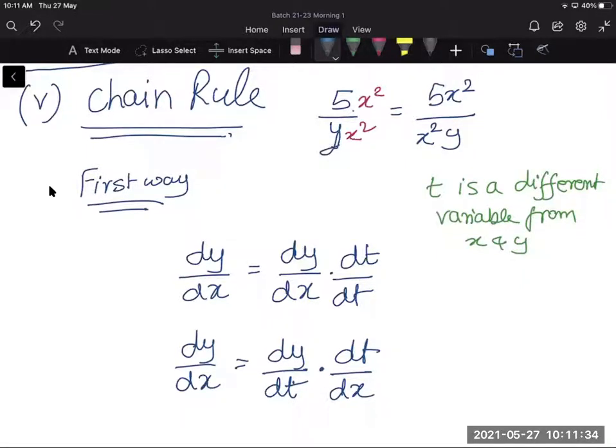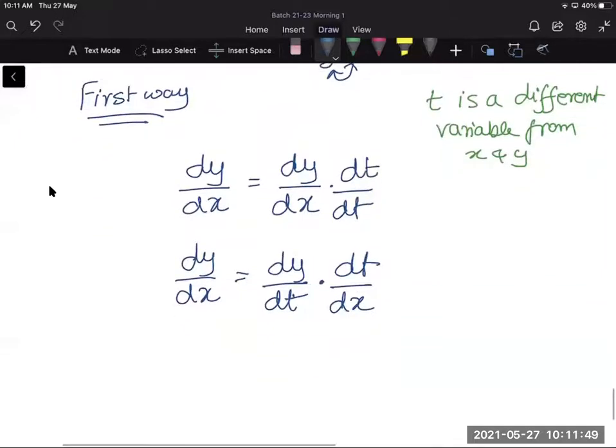So I can interchange these two because I know that multiplication is commutative, right? 5 into 4 is equal to 4 into 5. x into y is equal to y into x. Right? So dy by dx then can be written as dy by dt into dt by dx.